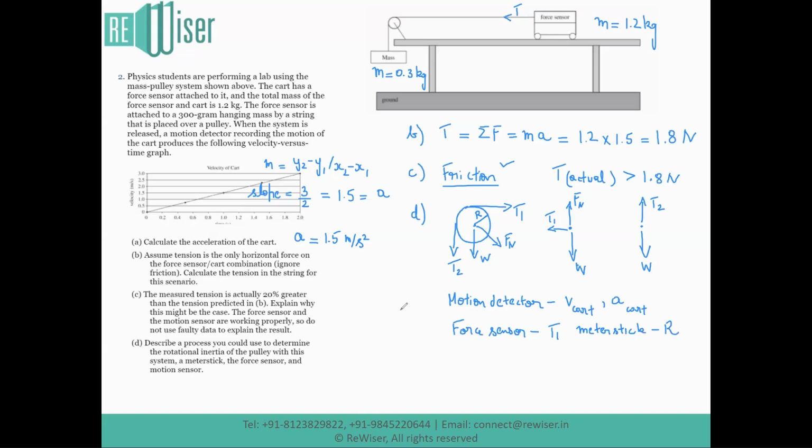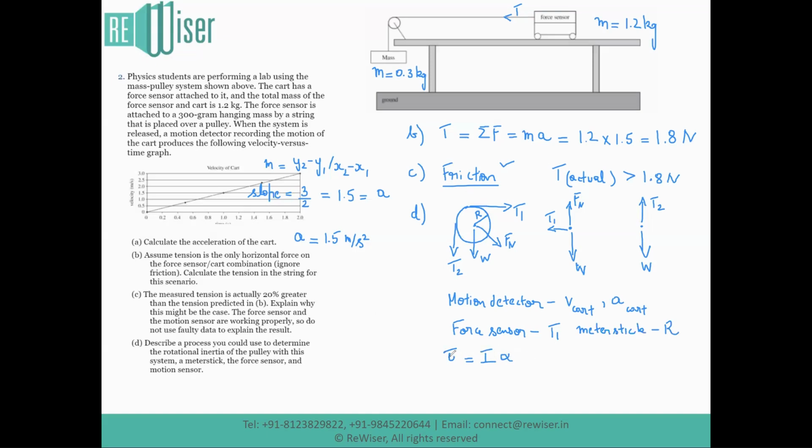Now, let's apply Newton's second law. We know that torque tau is equal to moment of inertia I times angular acceleration alpha. This is the rotational equivalent of the translational equation F equals ma.